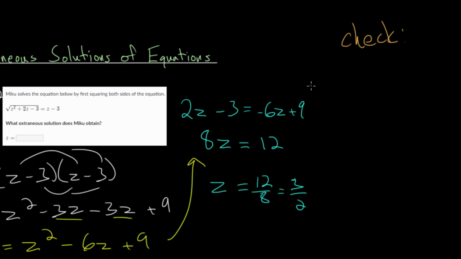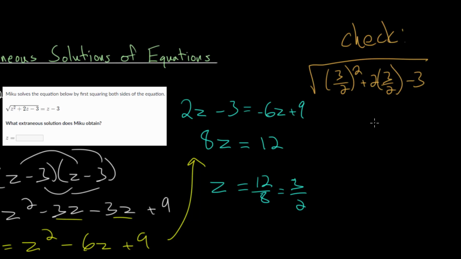So plugging it in, we get that z squared, so that's 3/2 squared plus 2 times 3/2 minus 3. All this will be equal to z minus 3, so we have 3/2 minus 3. Now on the right-hand side, 3/2, which is really just 1.5 minus 3 would give you negative 1.5 or minus 3/2. And you might already see a problem here.